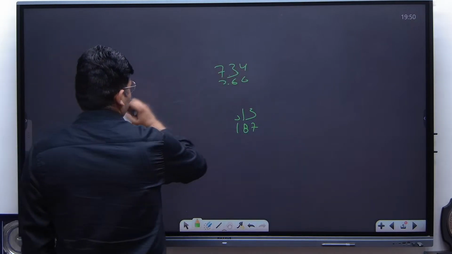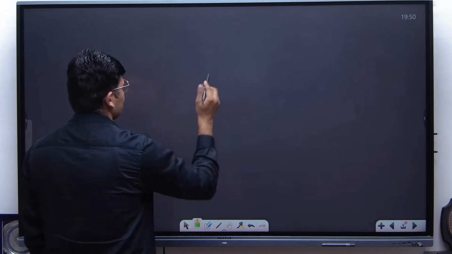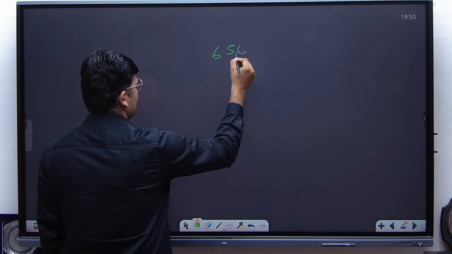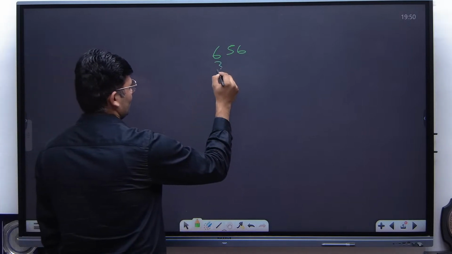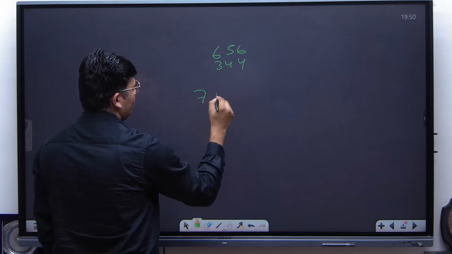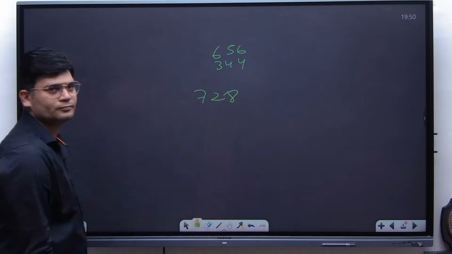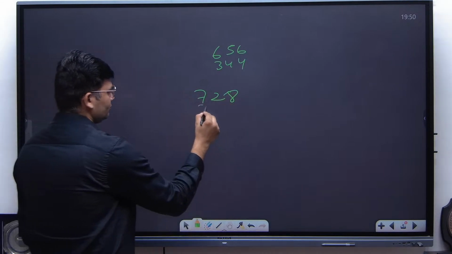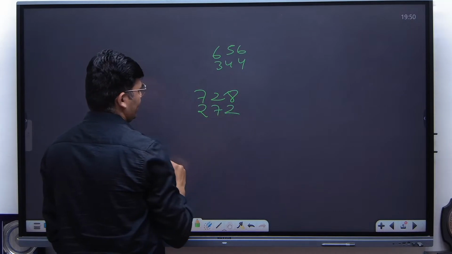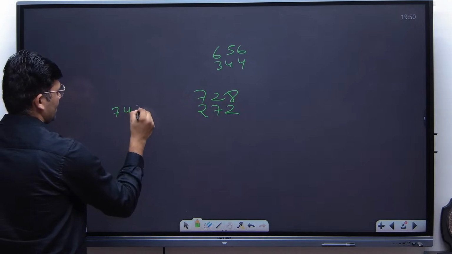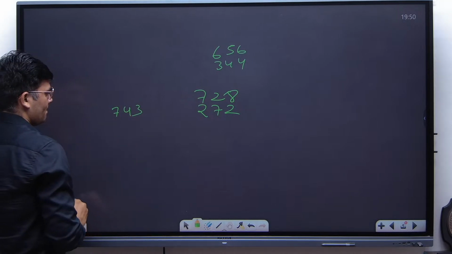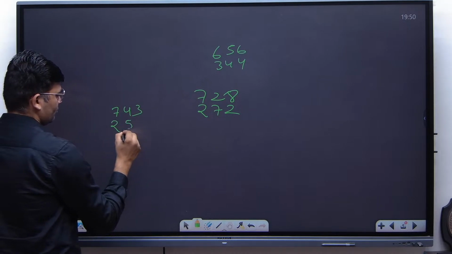So I am going to write the number for you. The number is 656. 344. Wonderful. 728. 272. Wonderful. 743. 257.